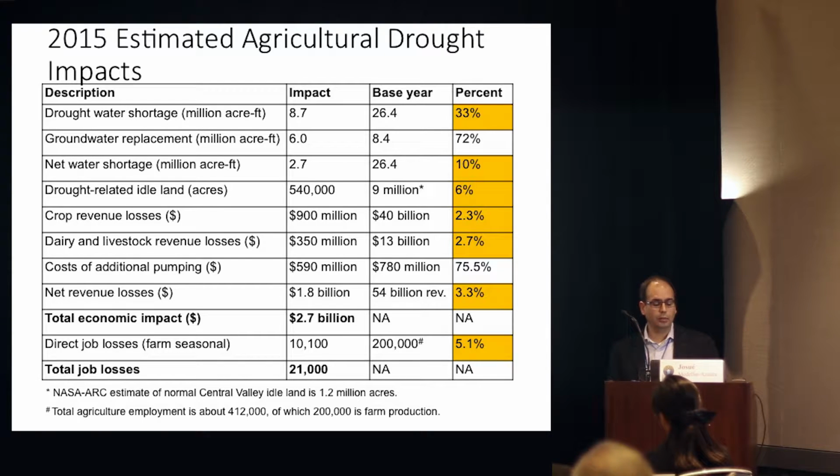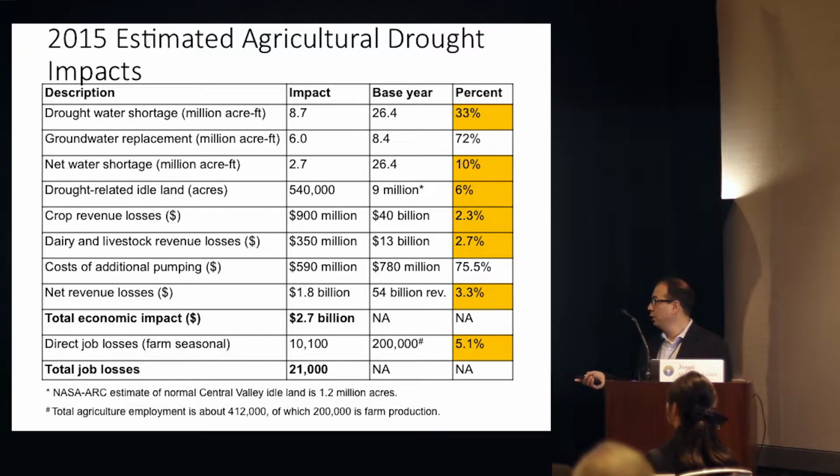We have to pump at a much higher rate, which will also come at a cost. When we add these three effects, we have about 1.8 billion in direct revenue losses and about 10,000 jobs lost from crops in agriculture, mostly grains, field crops, and others.